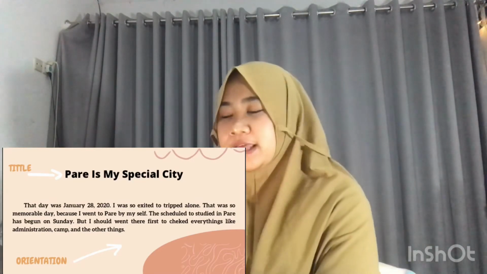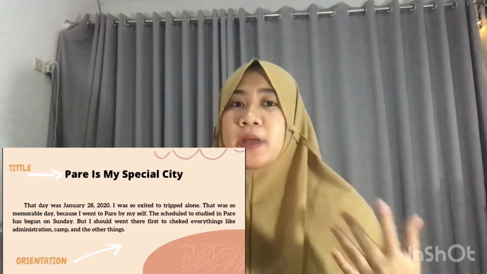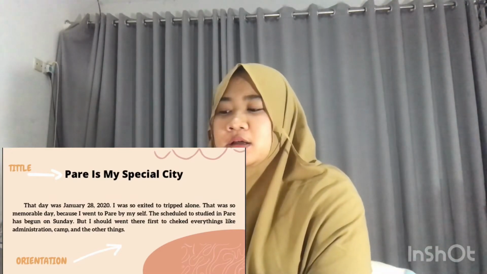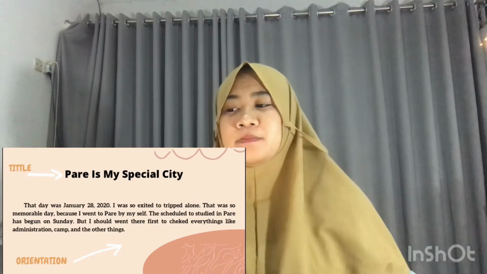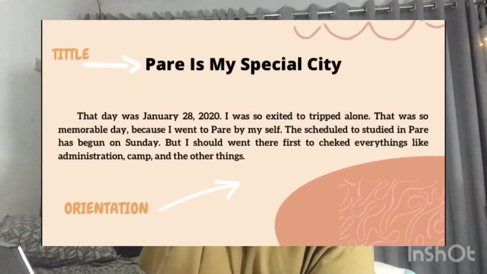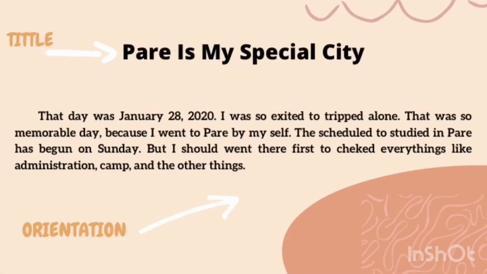In this orientation, I just want to give the reader the background of my events, which tells about my experience in Pare. And we can see in this orientation the language features. We can find the use of an action verb, because I went to Pare by myself, right?